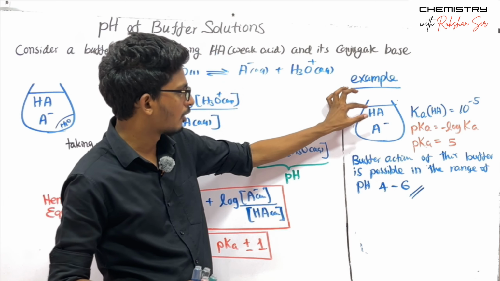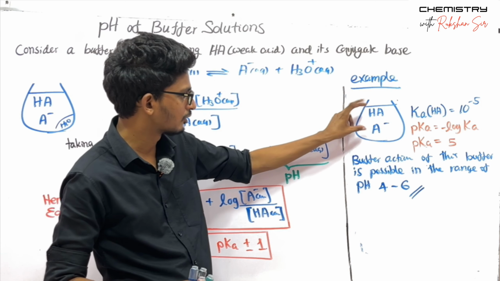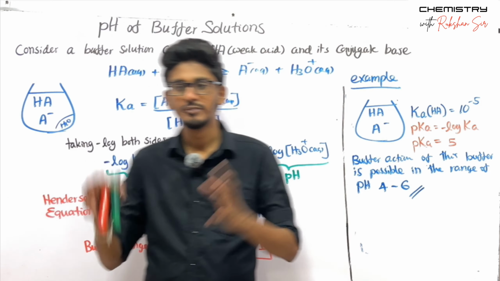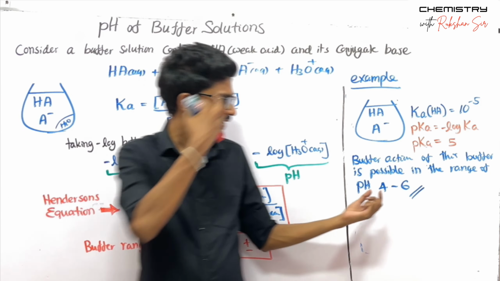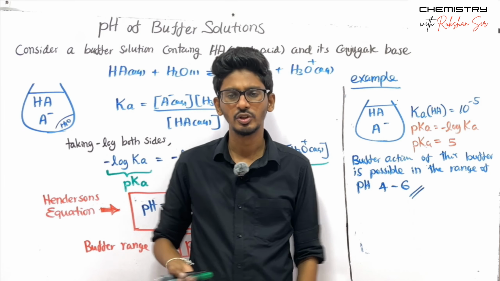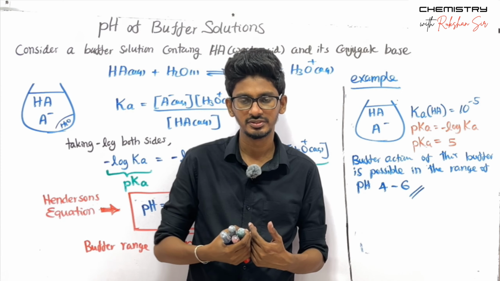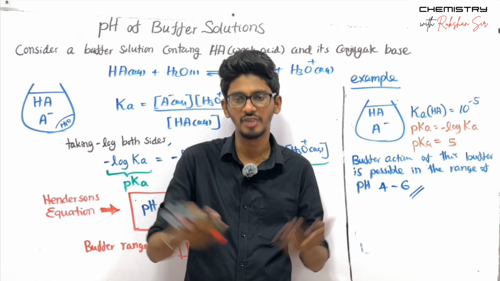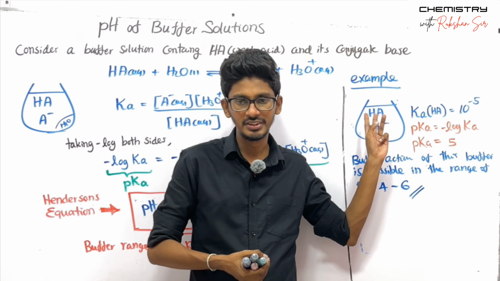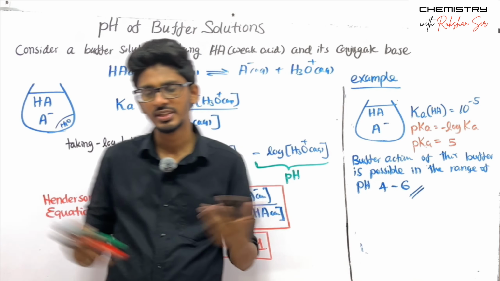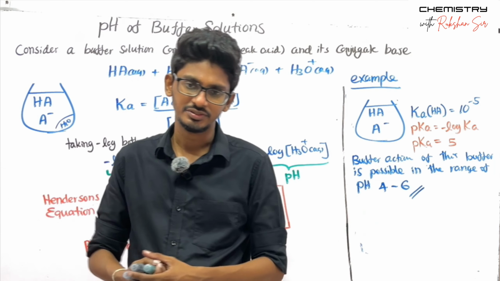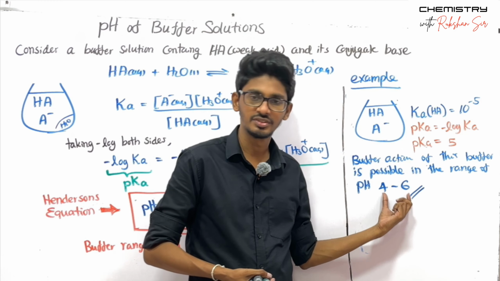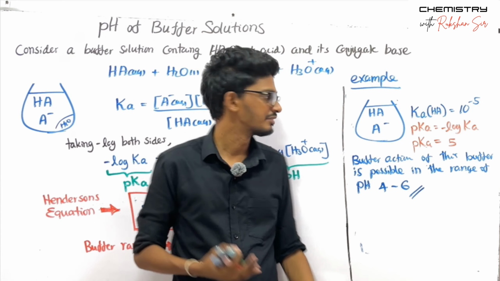By varying the amounts of HA and A minus, you can construct buffers of this range. You can construct a buffer of 4.5 with these two, a buffer of 5.5, a buffer of 5.85. Any buffer in the range of 4 to 6 pH can be made with these two.